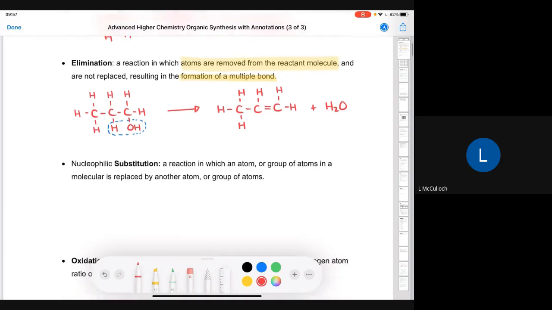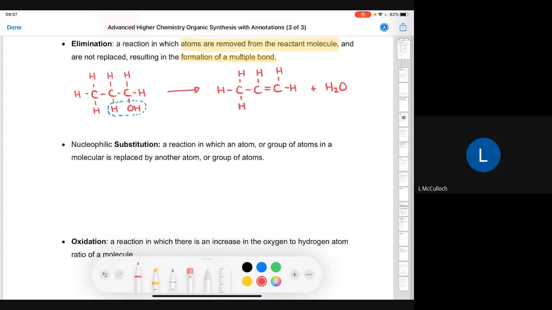All right. Our next reaction is a nucleophilic substitution. This is a brand new reaction to advanced higher, and it is also a reaction that we look at in detail.